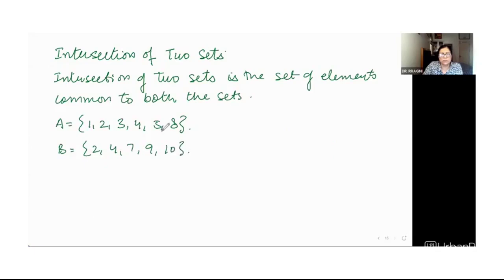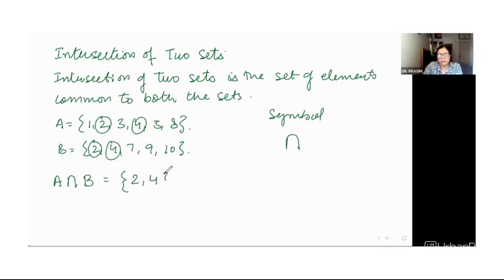These are two sets, and if we have to write intersection, the symbol for the intersection is inverted U, A intersection B. So it is a set of the common elements only. 2 is common to both, 4 is common to both. So intersection is 2, 4.